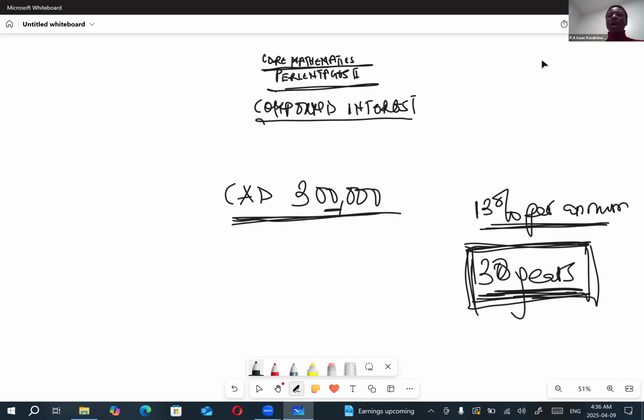But let's forget about the frequency of payments. I just want us to concentrate on the interest. So the bank is saying you'll be paying 13% per year as interest rate. The period is 30 years.